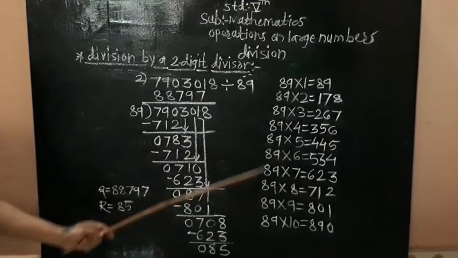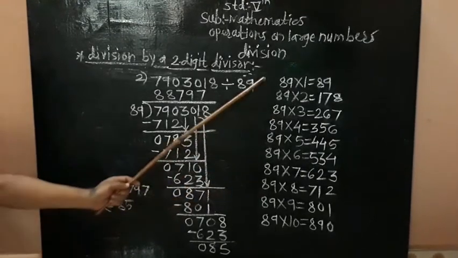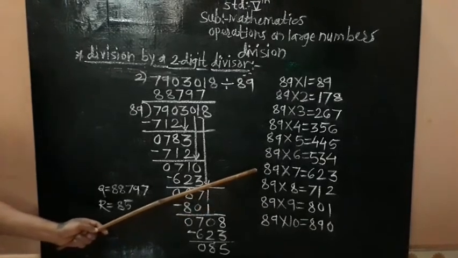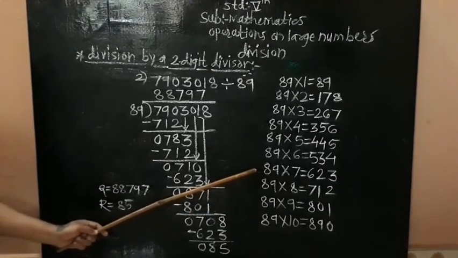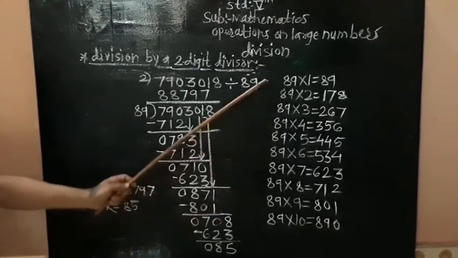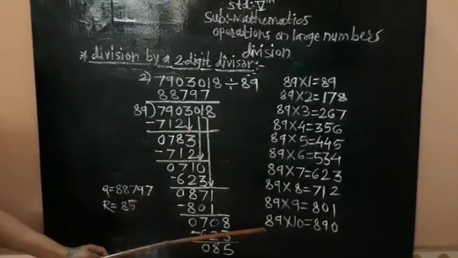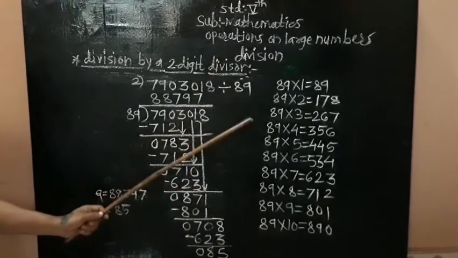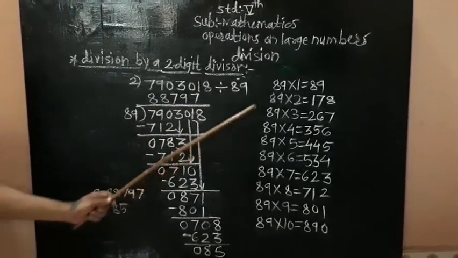So you can make the table. This is the first step. You can make the table of 89 easily because everybody knows one-digit multiplication very well. First you make it only up to the 10th place, which is sufficient for this division.